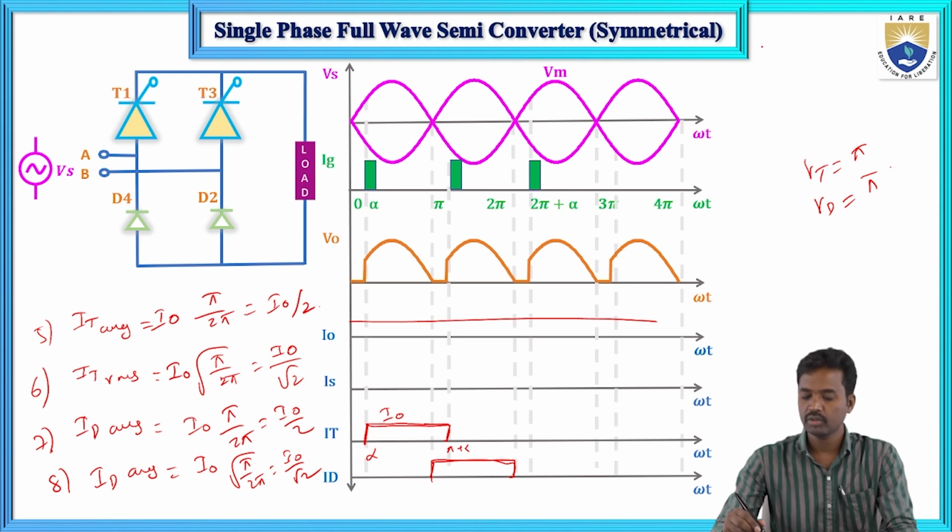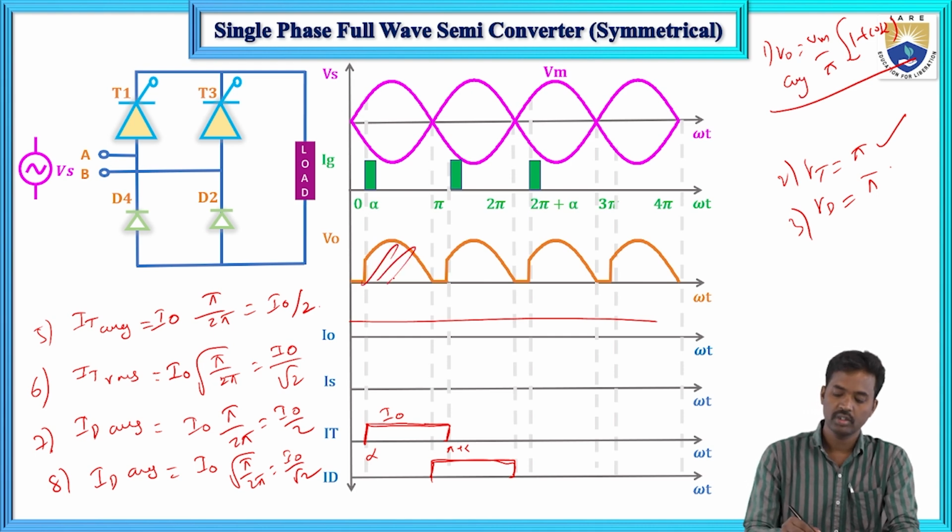So now here the first one is V naught equals Vm by pi, 1 plus cos alpha. And next, the second question is the conduction angle. And next, the third one is gamma of D, which equals pi as for the thyristor. So the first question is the average value of output voltage, up to this duration.